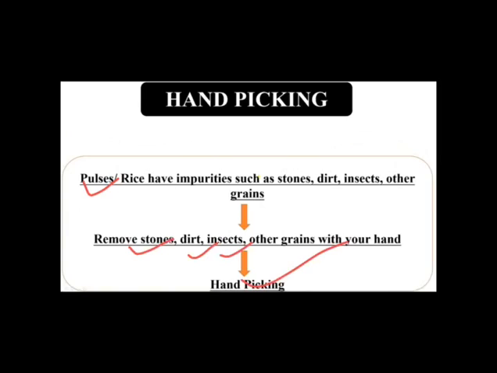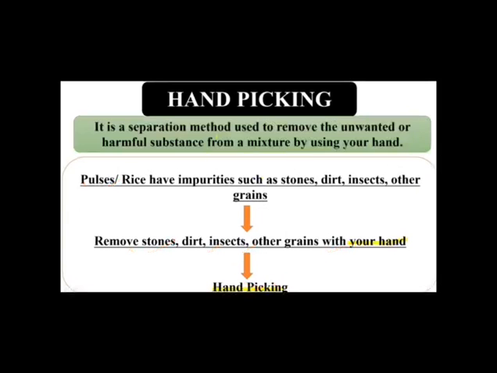So it is basically a separation method used to remove the unwanted or harmful substances from a mixture by using our hand. Okay, so this is a very simple method.